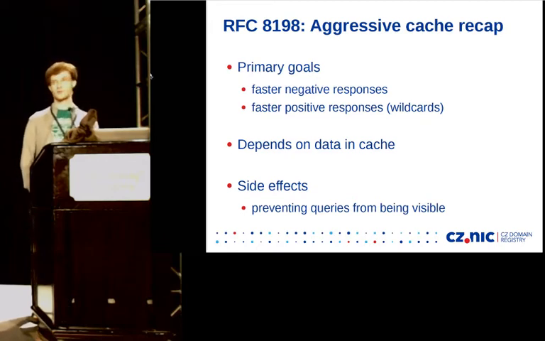And one of the side effects of aggressive NSEC is also hiding the queries. Again, take into account the query minimization. The main difference is that the aggressive use of cache very much depends on the content of the cache and on the query pattern. So it's not a one-to-one comparison, it's not apples to apples.